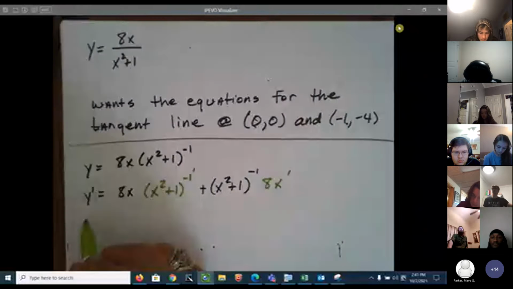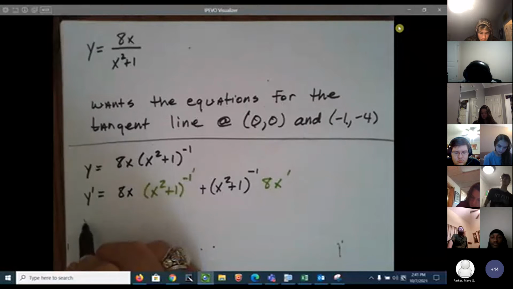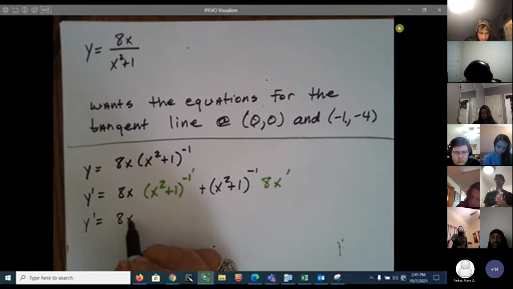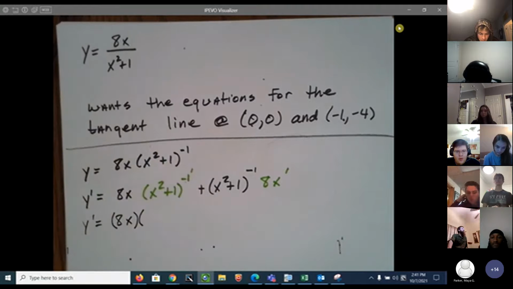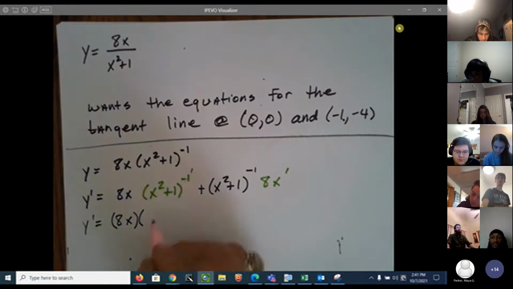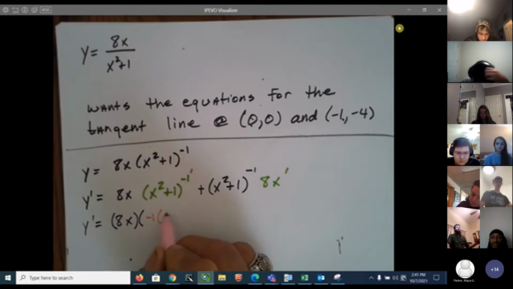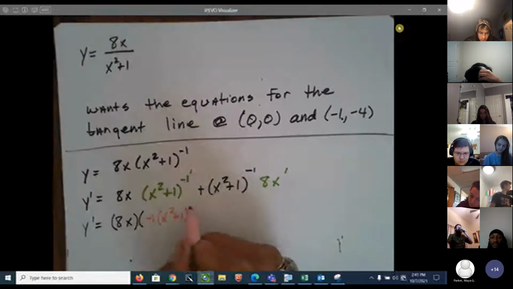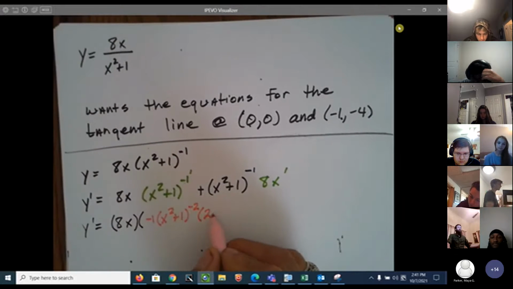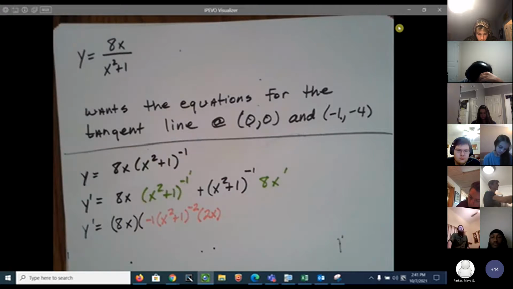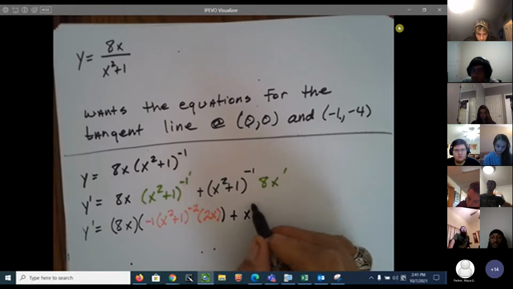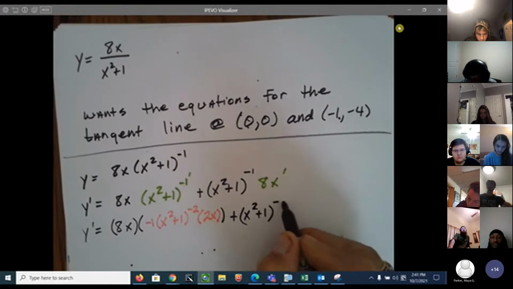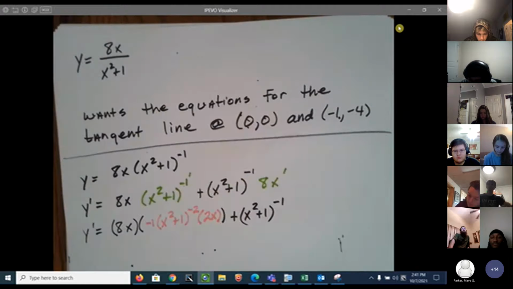And y prime equals (8x). I'm going to put parentheses around it because I have to put parentheses around this. And I'm going to use a pink pen. -1 times (x squared plus 1) to the -2 times 2x, plus (x squared plus 1) to the -1 times 8.